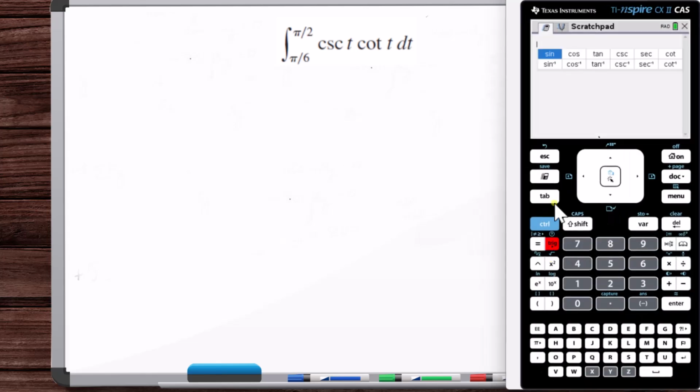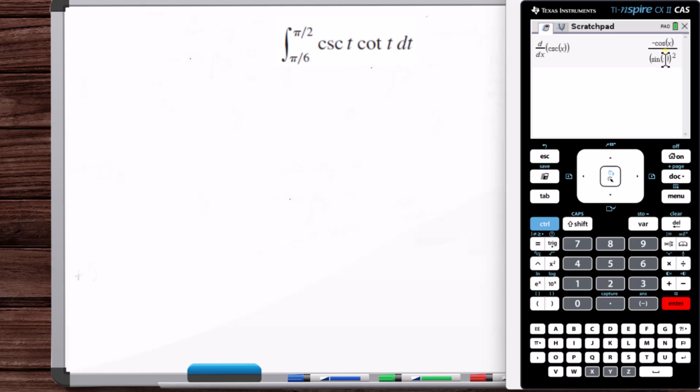So okay, let's do the derivative of cosecant x. Yeah, there you go. That's what we just had. That's 1 over sine is cosecant, and then cosine over sine is cotangent.